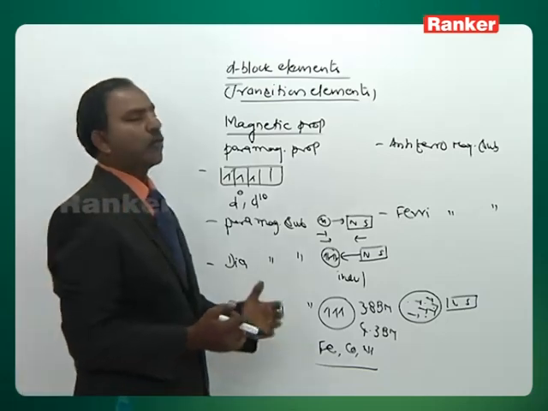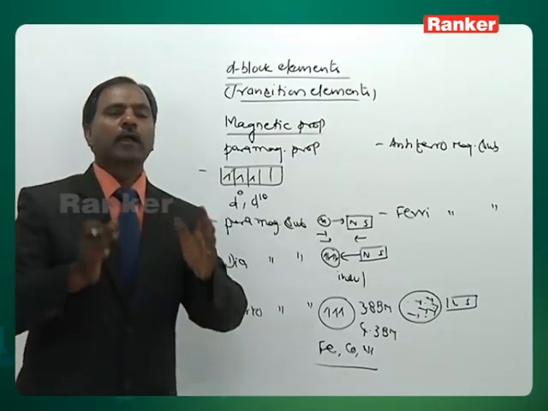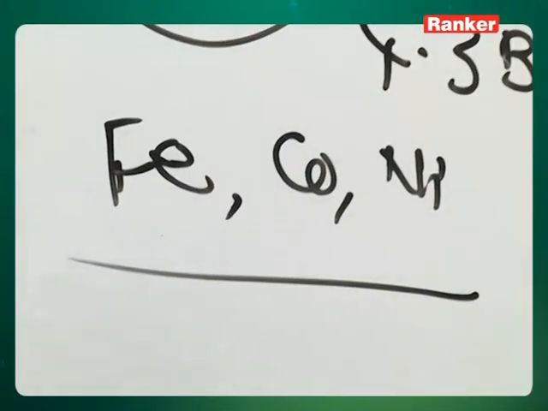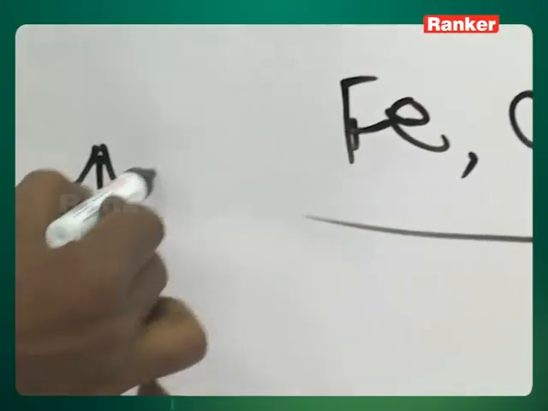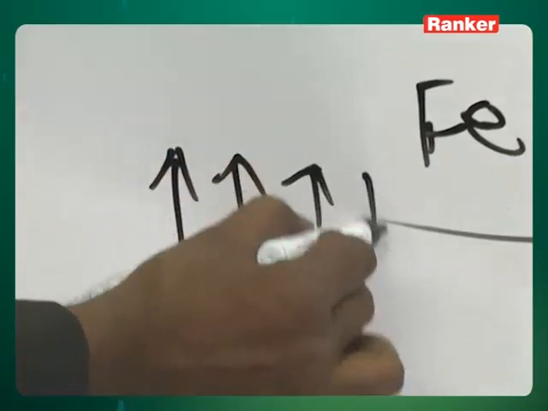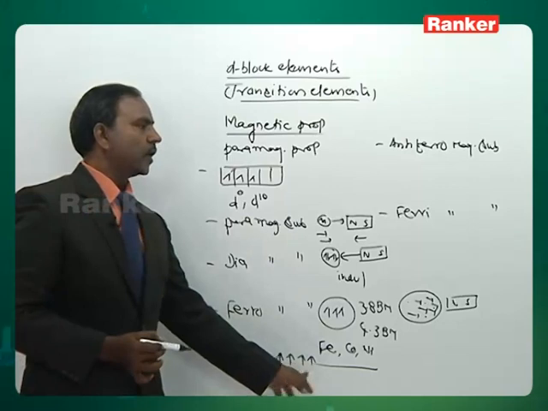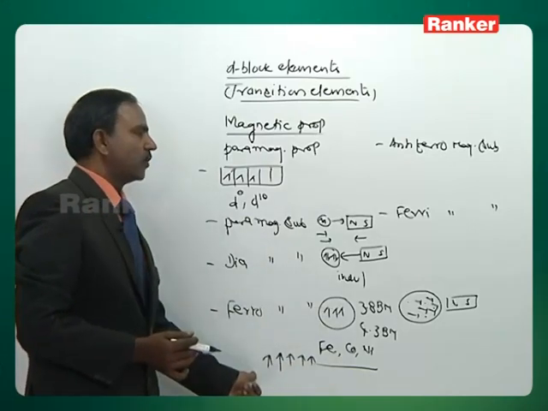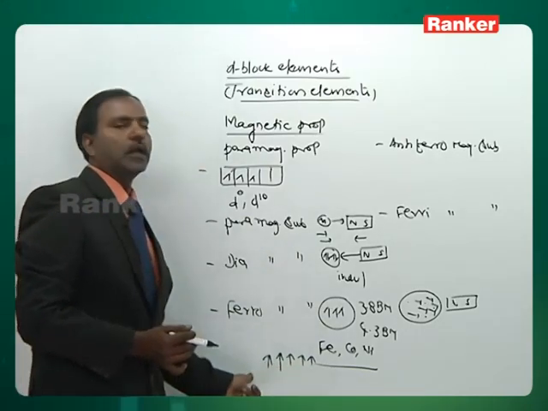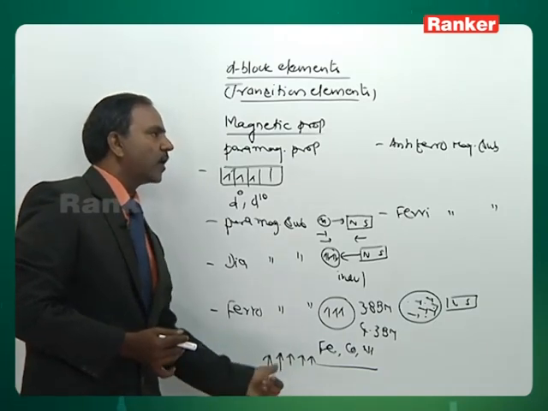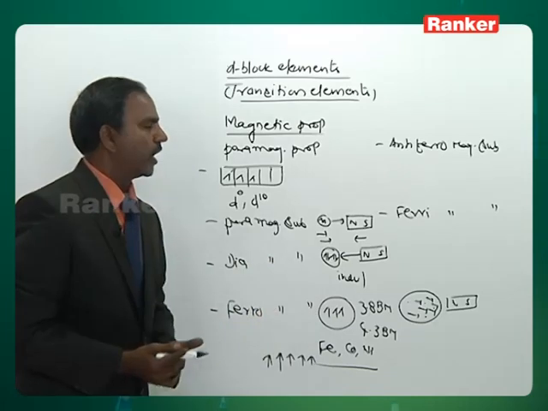In ferromagnetic substances, the magnetic vectors work in this way, all in the same direction in the field of the magnet. We can show this ferromagnetic substance like this: the vectors of paramagnetic lines are working in the same direction.